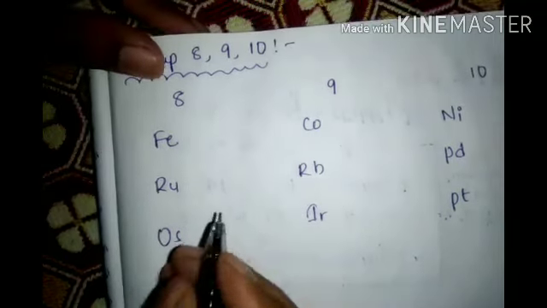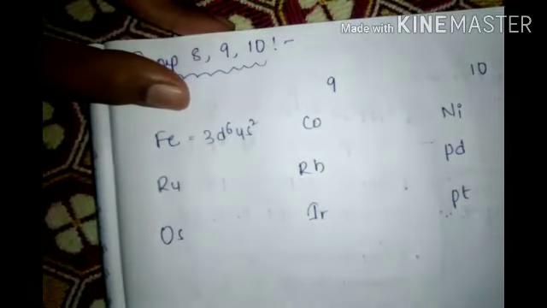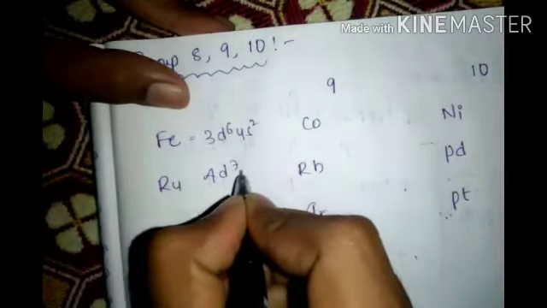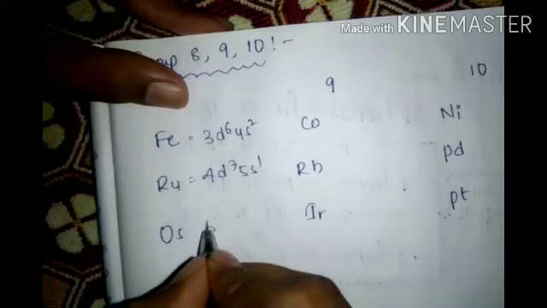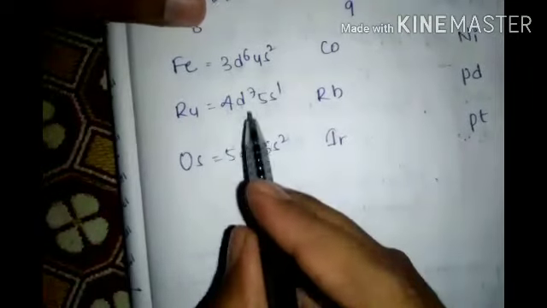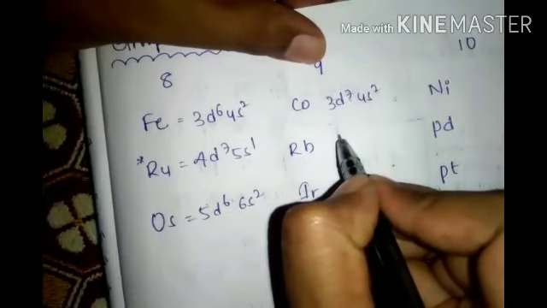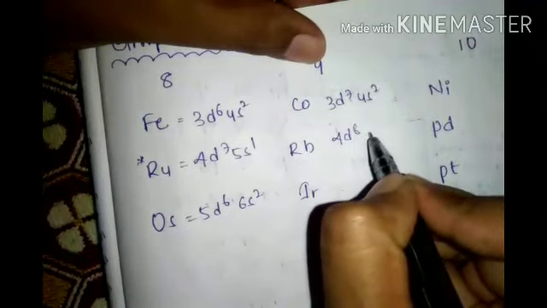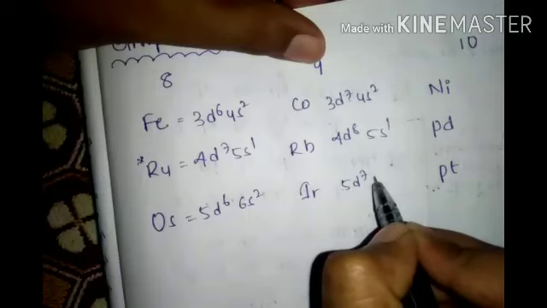The configurations are different. Iron is 3d6 4s2, ruthenium 4d7 5s1, osmium 5d6 6s2. See, it is a little different, so take the star symbol. Cobalt is 3d7 4s2, rhodium 4d8 5s1, iridium 5d7 6s2.